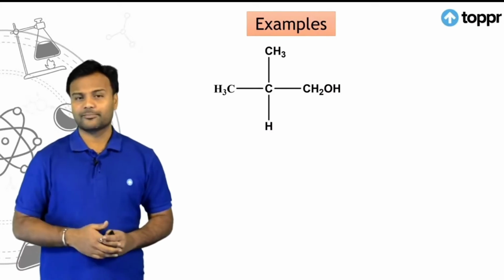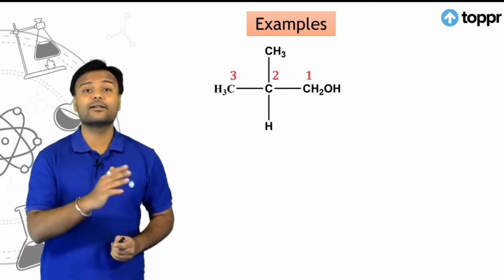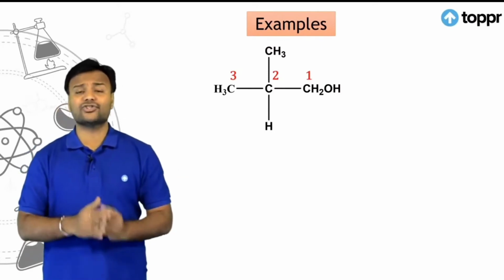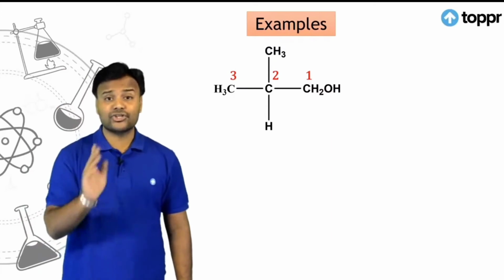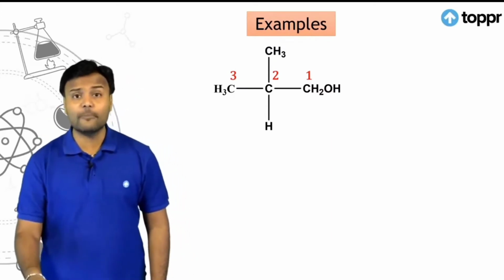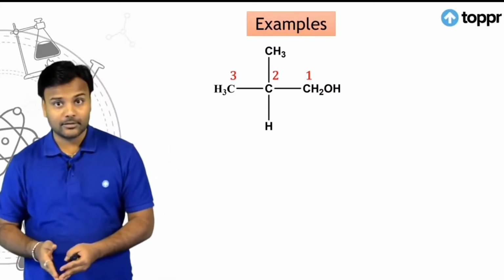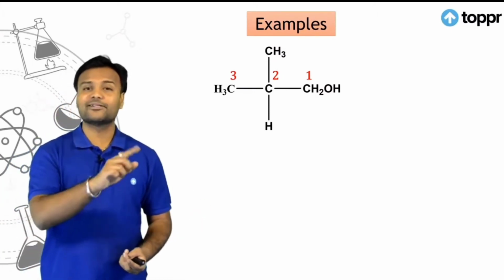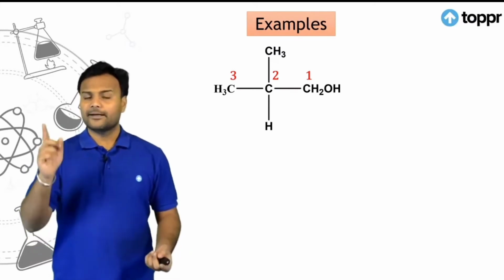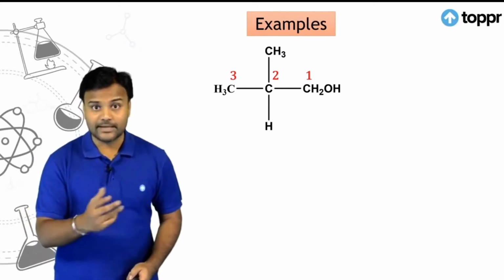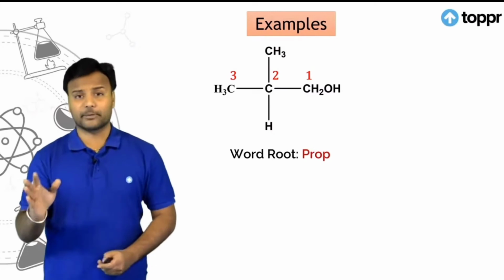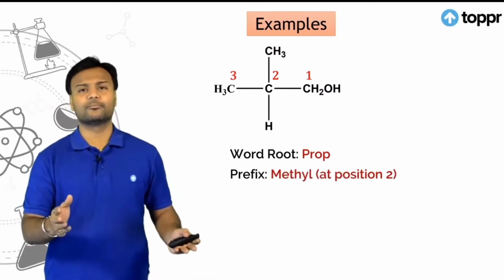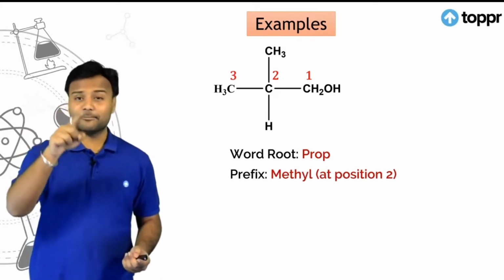Firstly, I will number the compound, so I am going to select the longest continuous chain. The longest continuous chain should contain your functional group or a double bond or a triple bond. So here I am choosing the longest chain where there is a functional group. It consists of 3 carbons, so the word root is prop. Here the prefix is methyl, because at the second position I skipped 1 carbon.